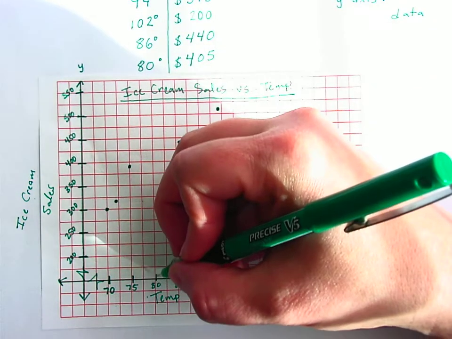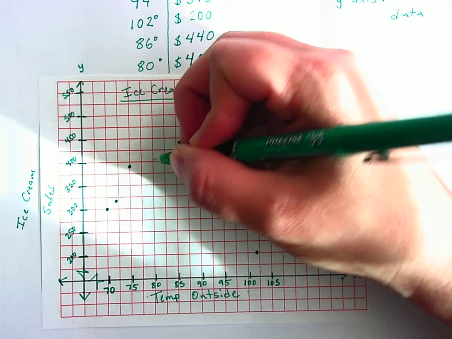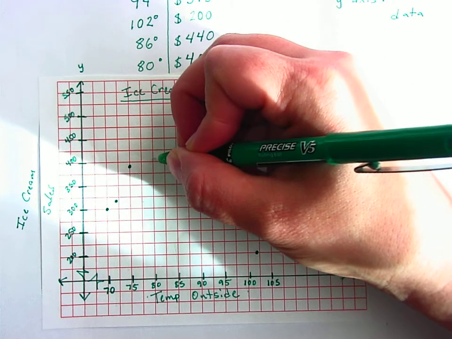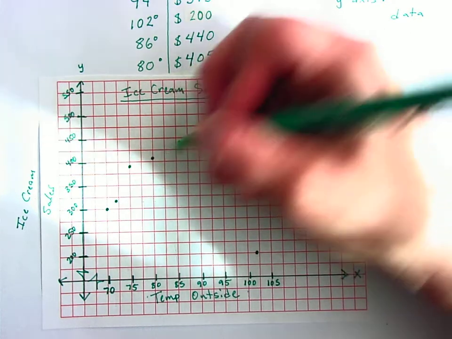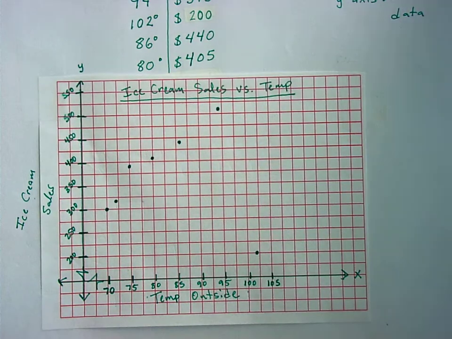And 80 and 405. Okay. So here's what my graph looks like.